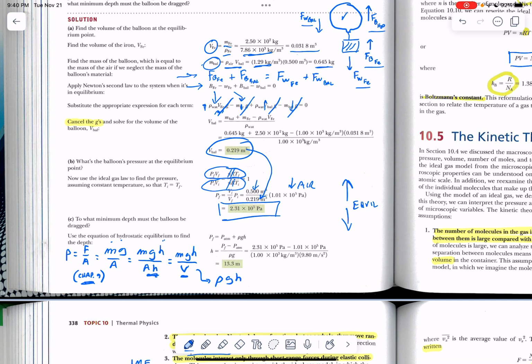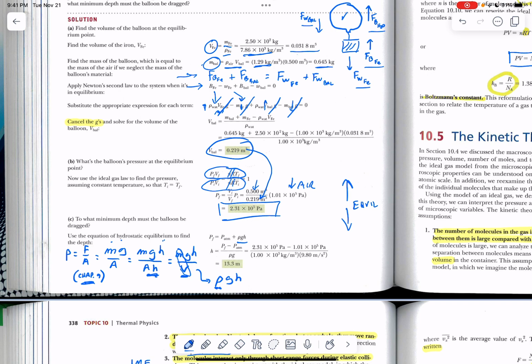You notice that mgh looks suspiciously like potential energy. And you'll notice that my mass per volume right here is my density. And that's where that equation, pressure equals density times gravity times height, comes from.